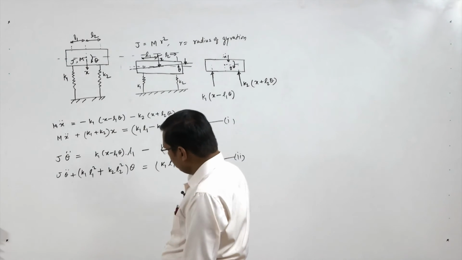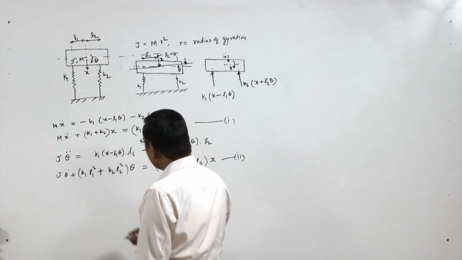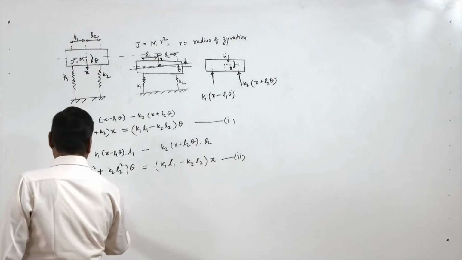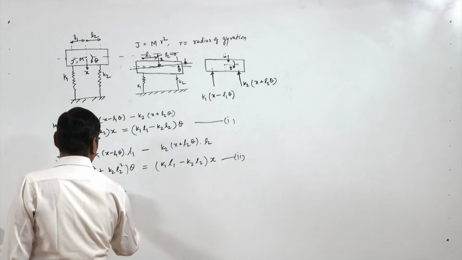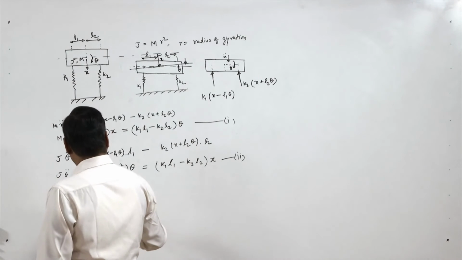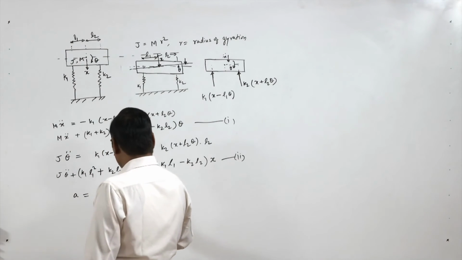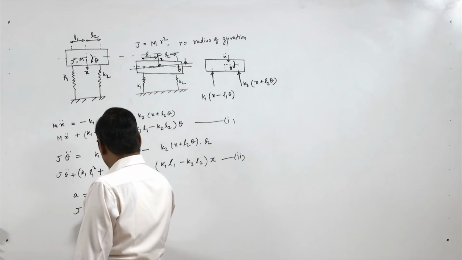Now we can simplify these equations. Let us assume that A equal to k1 plus k2 by m, and J we already assumed as m r square.